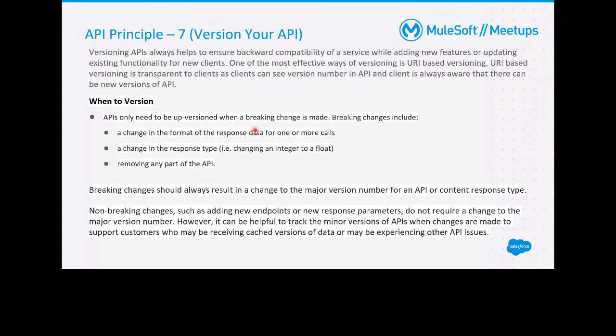Also, like Tirth said, versioning can also be done as a query parameter. It can also be done in a header, or with a content type header. Those are the possible ways.